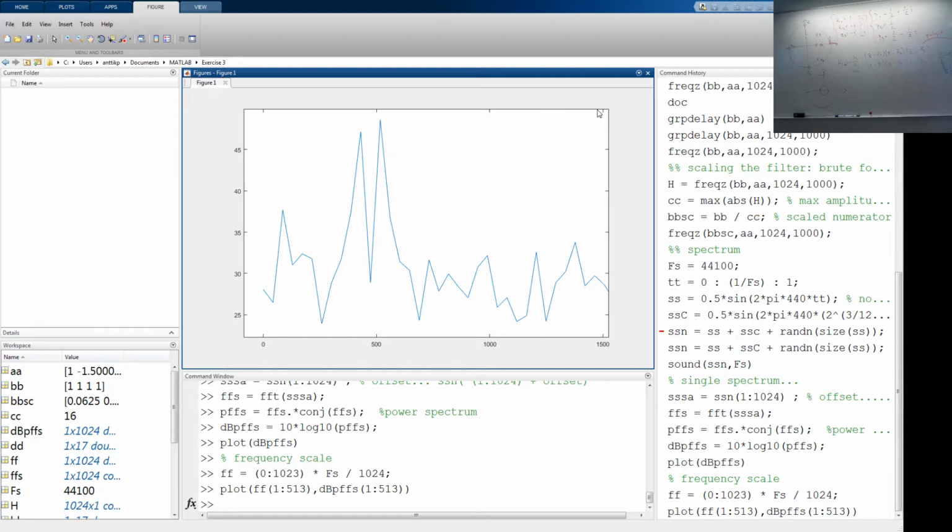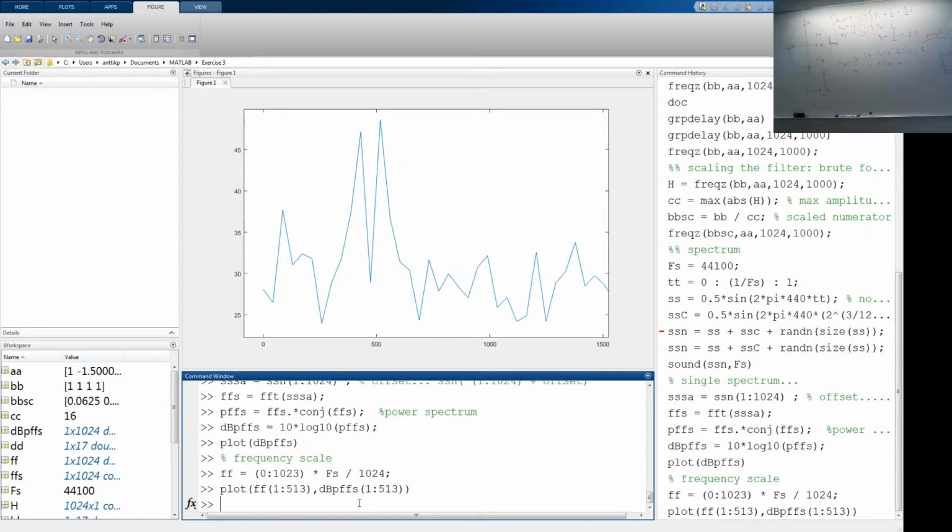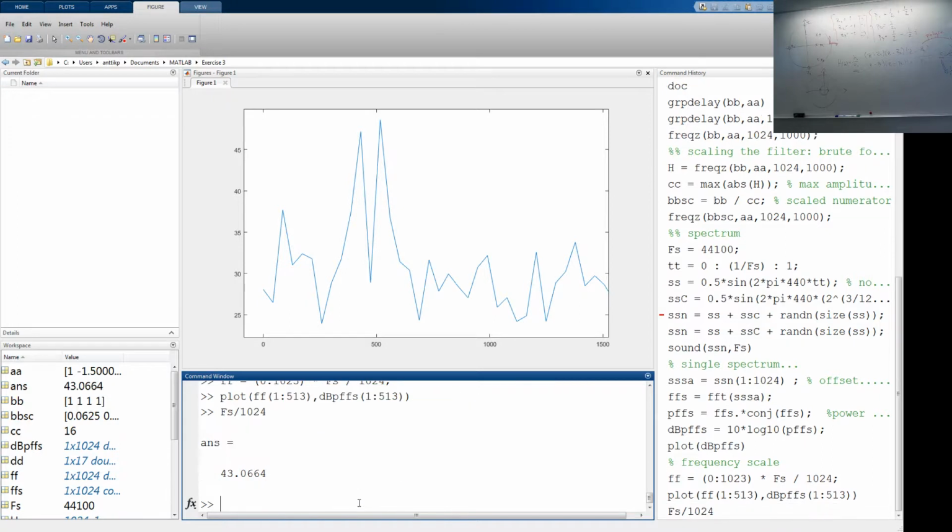So our frequencies were 440 hertz, roughly here, not exactly, because we have actually fs over 1024. This has 43 hertz resolution. So if you need better resolution, you need more points.